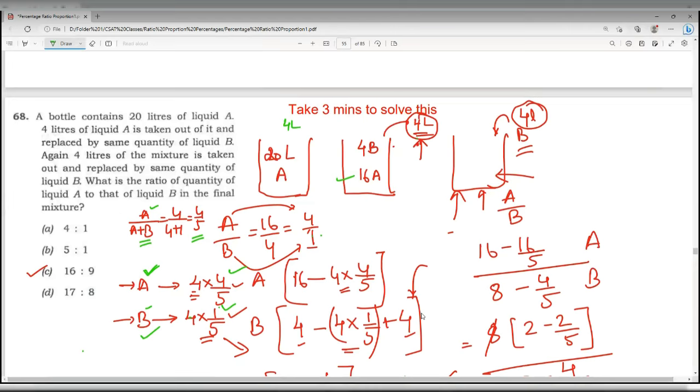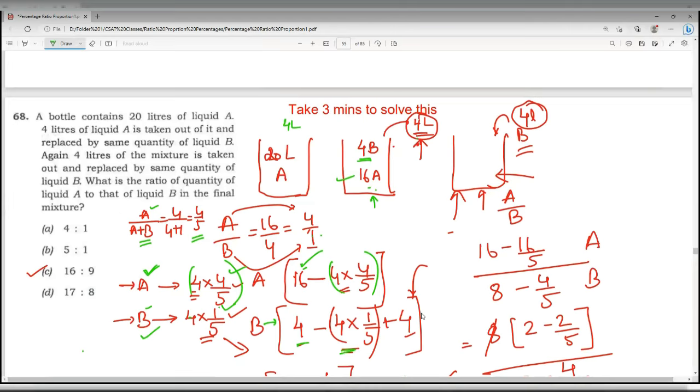So after this second step, earlier 16 liters of A was there, this 16 is here. And what you are removing is 4 into 4 by 5 liters of A. And for B, 4 was already there from the first time you added 4 liters.